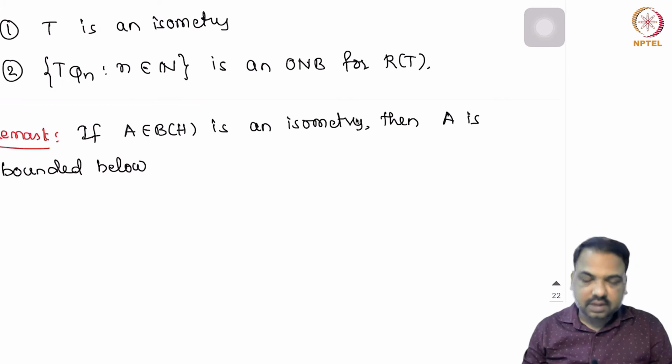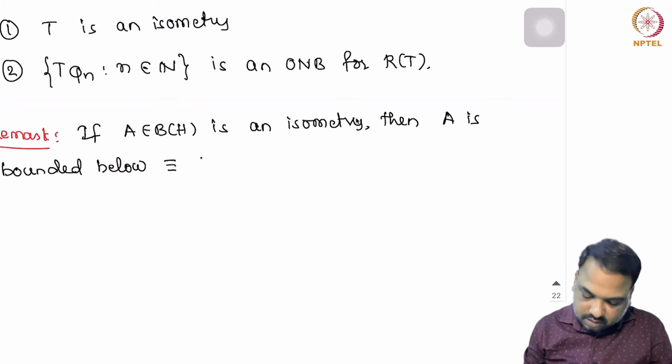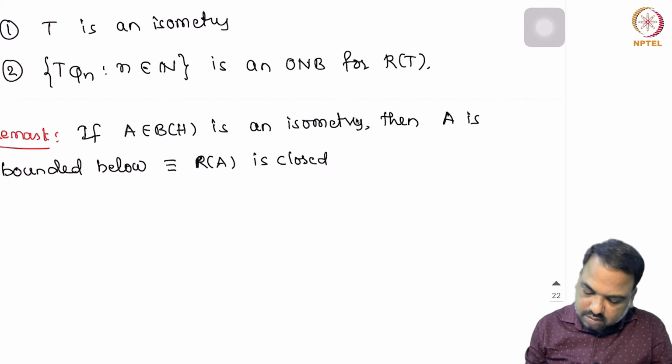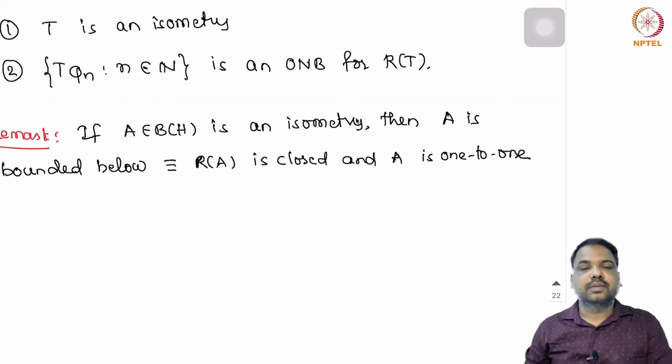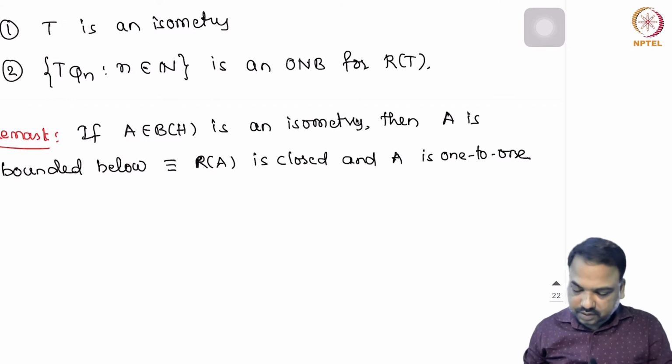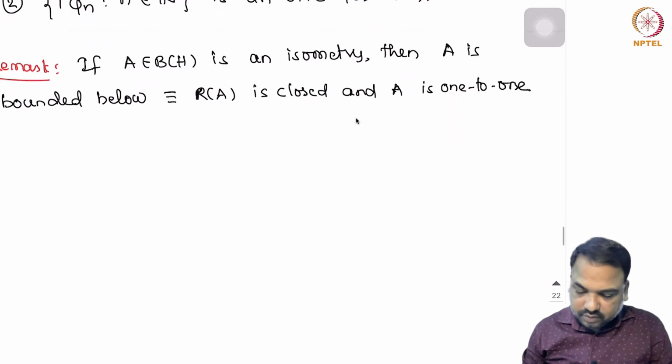That means the range of A is closed and A is 1 to 1. So this is equivalent to the fact that the range of A is closed and A is 1 to 1. Okay, so let us look at the proof of the theorem.